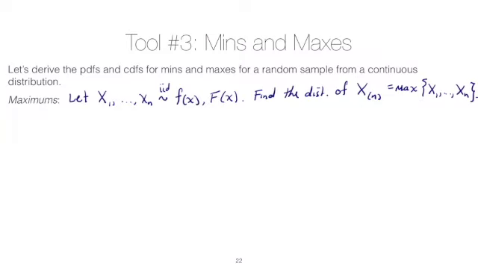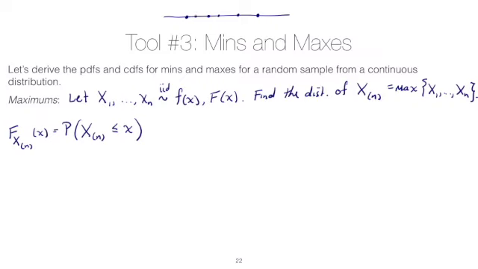All right, so the goal here will be to start with the CDF of the maximum. And we know what that is by definition. It's the probability that the maximum value is less than or equal to some value little x. I think it might be helpful to draw a picture. We've got some sample values that we've drawn.